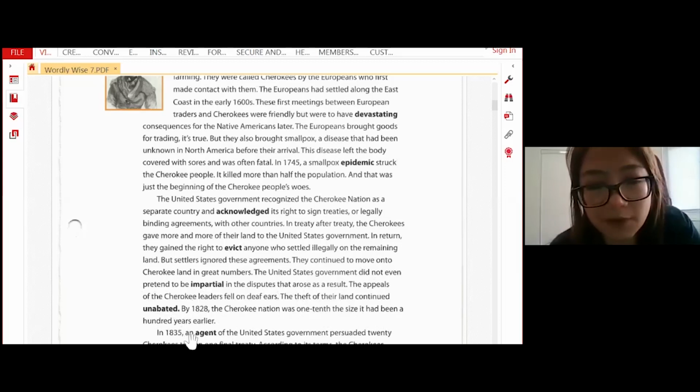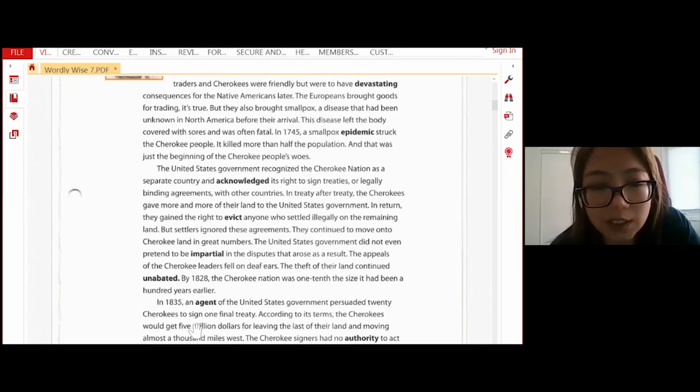In 1835, an agent of the United States government persuaded 20 Cherokee to sign one final treaty. According to its terms, the Cherokees would get $5 million, wow, for leaving the last of their land and moving almost 1,000 miles west.